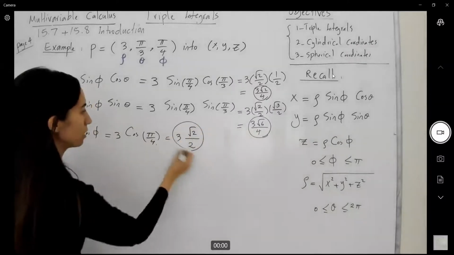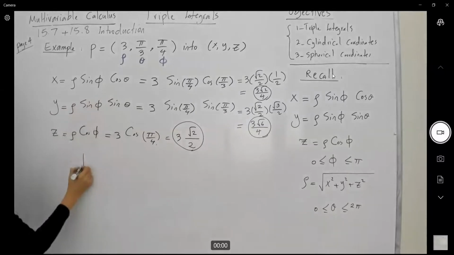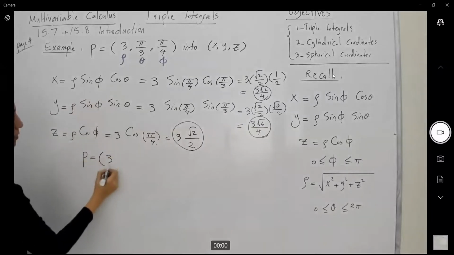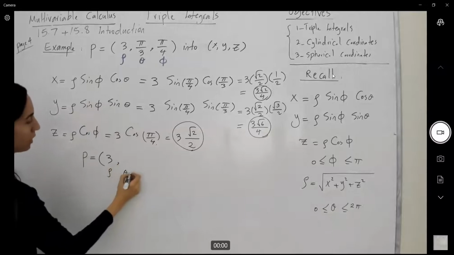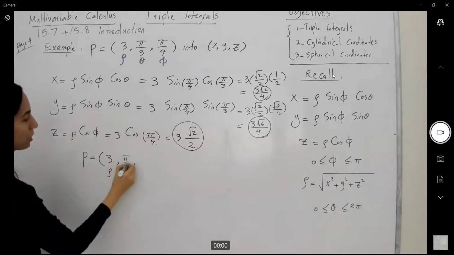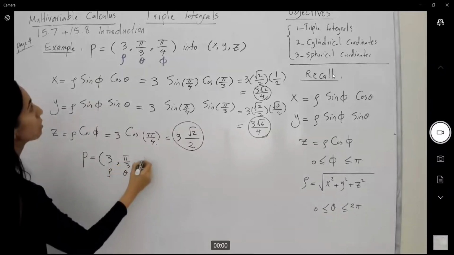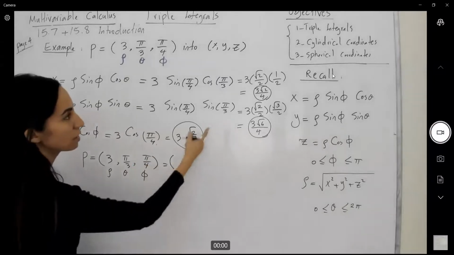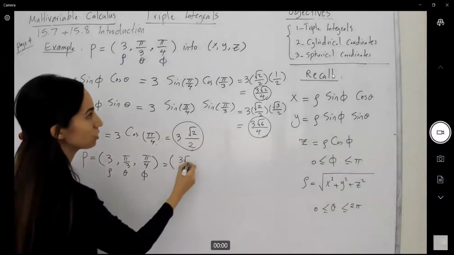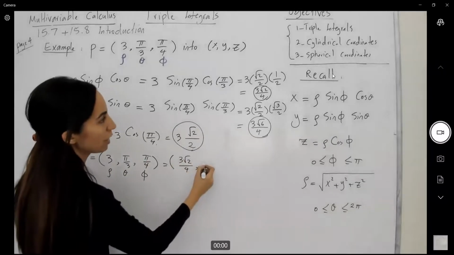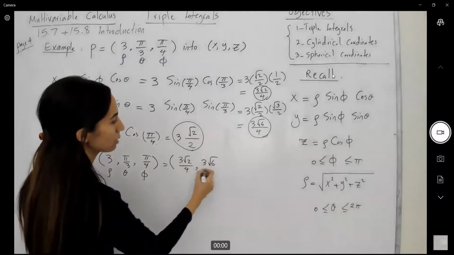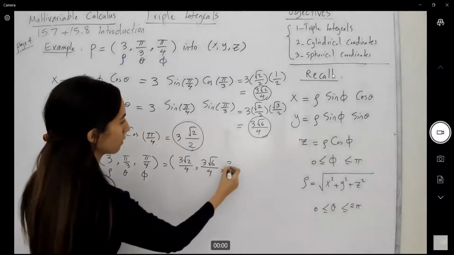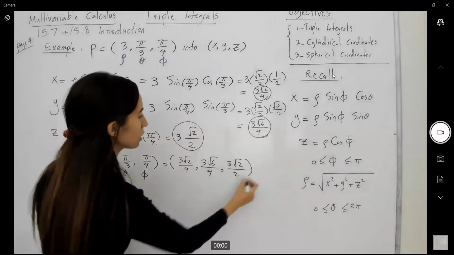This is my z. So my point is now converted from rho, theta, which is pi over 3, and phi, which is pi over 4, into x, y, z. So I have 3 square root of 2 divided by 4, 3 square root of 6 divided by 4, and 3 square root of 2 divided by 2.